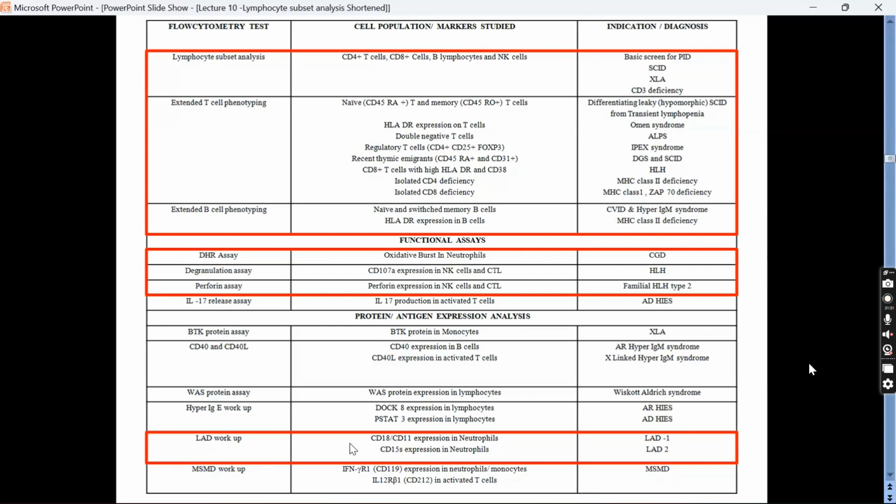When that integrin is absent on the neutrophils, that particular disease is called LAD, leukocyte adhesion defect. Similarly, there are many other assays, like, as I told you, double negative T cells, which is used in diagnosing autoimmune lymphoproliferative syndrome. There are many other assays, but these are some of the assays which I want to discuss. Today I'll be restricting to lymphocyte subset analysis, and I'll just show you a glimpse of extended phenotyping.